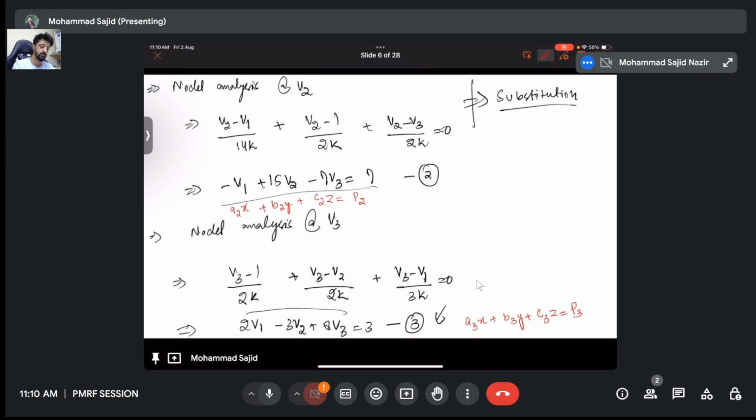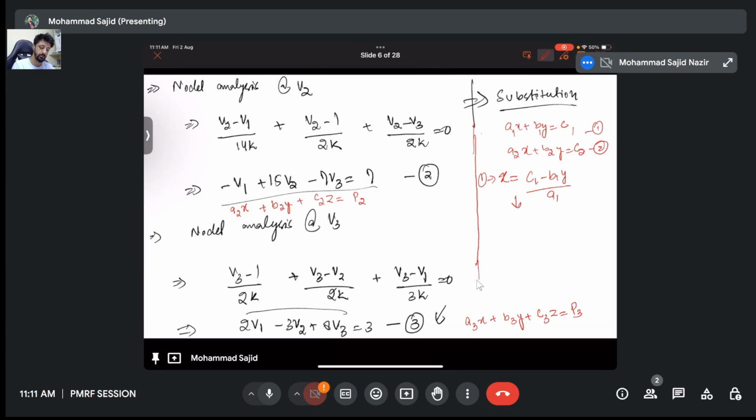Substitution method. Like we discussed, if you have a1x plus b1y is equivalent to c1, and a2x plus b2y equivalent to c2, equation number 1, equation number 2. What you will do is, from the first equation, you will see x is c1 minus b1y by a1.